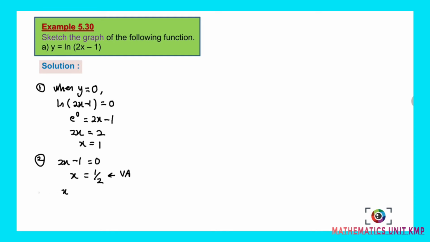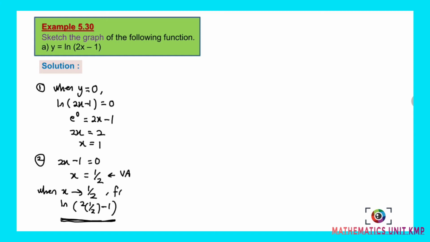Then when x approaching to half, okay, ln(2 times half minus 1), dia akan dapat apa? ln 0. Betul tak? Right? Bila ln 0, you try tengok this value, dia akan jadi terlalu kecil.